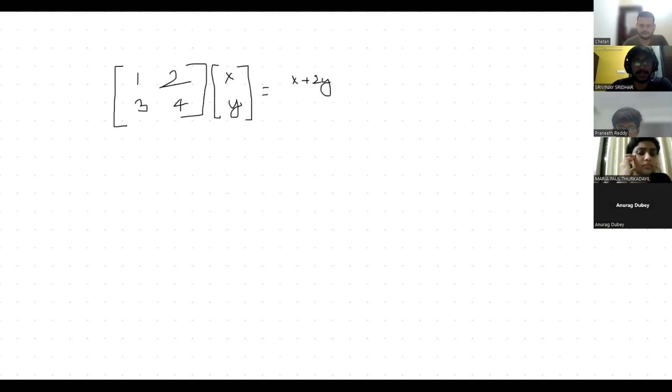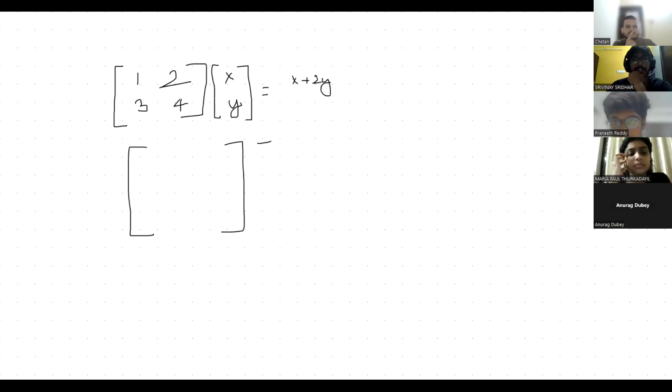But what was special about our matrix before? What was special about the matrix before that made sure there was some input for which the output was the same? What was that property?